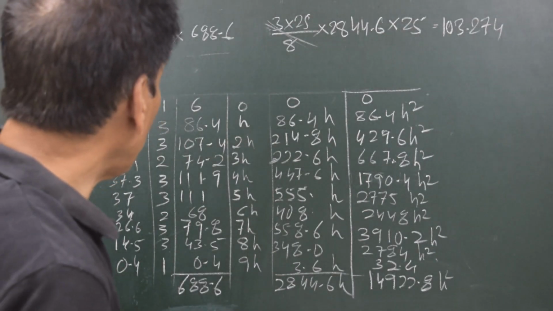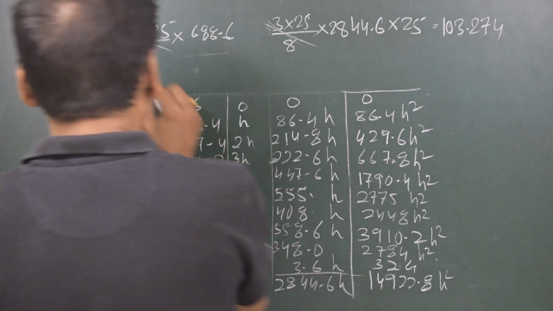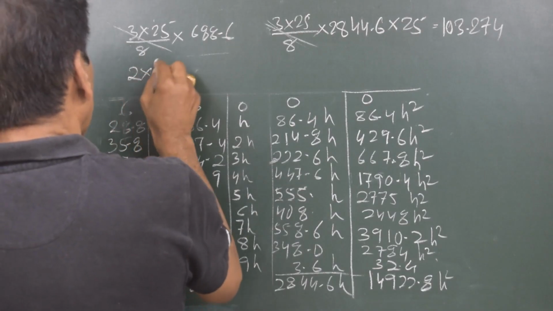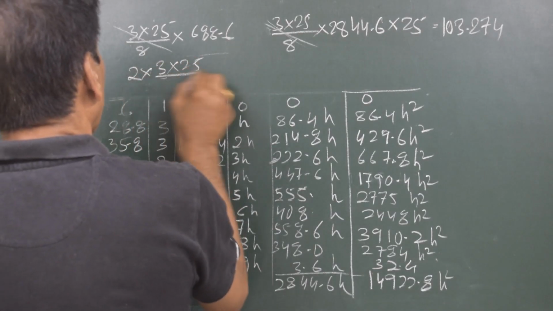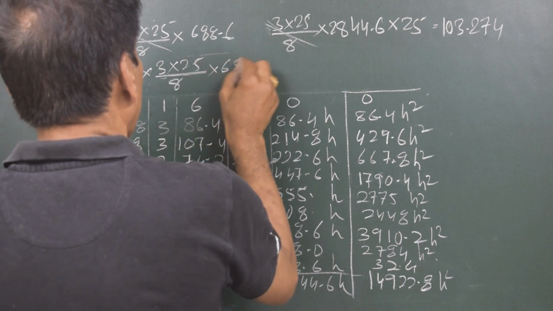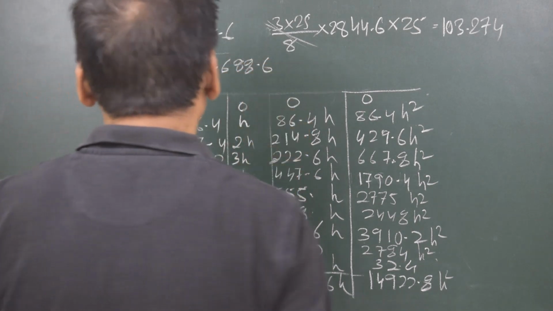Now let me also find out what is the full area. The full area will be 2 times 3 into 25 divided by 8 into 688.6 meter square.